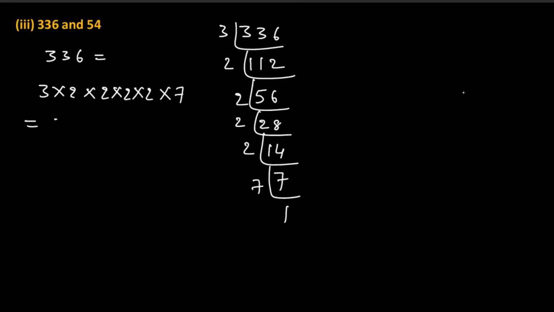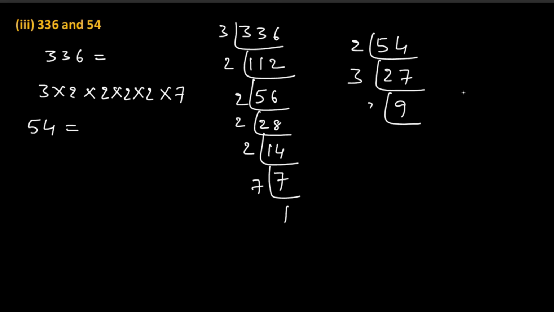You have to find out the common factors. For 54, again an even number, 2 table, 2 twos, 2 twenty-sevens. Now 3 table, 3 nines, 3 threes, 3 ones. So 2 into 3 into 3 into 3. What are the common factors in these two? Here you are seeing one 2 and one 2, one 3 and one 3.